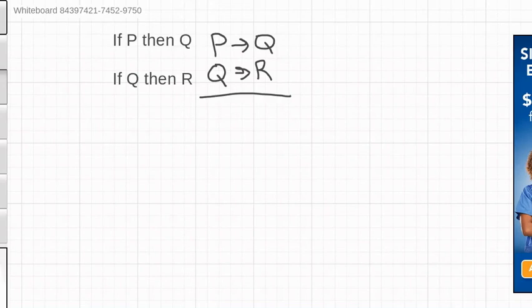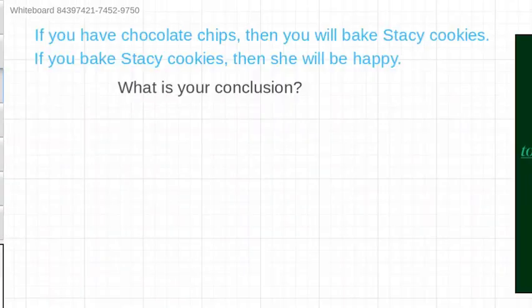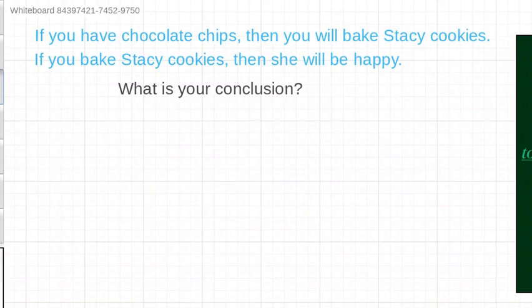If P, arrow, Q, if P then Q. If Q then R would look like Q, arrow, R. Therefore, P, arrow, R.